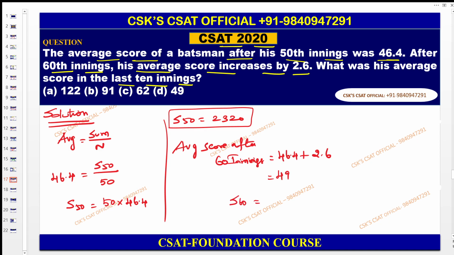Sum of 60 is equal to what? Simple. You have to cross multiply that 60 here. So 49 into 60 becomes 2940. Find out the difference.